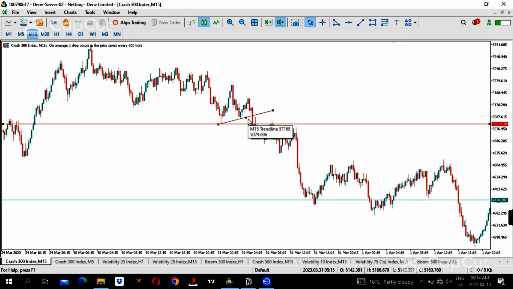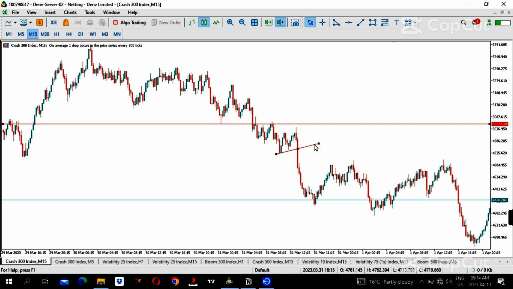So that's most of the variations that we'll get. That's why I was saying that support and resistance and trend lines are just a confluence to each other, because right now we're combining support and resistance and trend lines also. So that's how it works. Right over here, we've got a trend line.